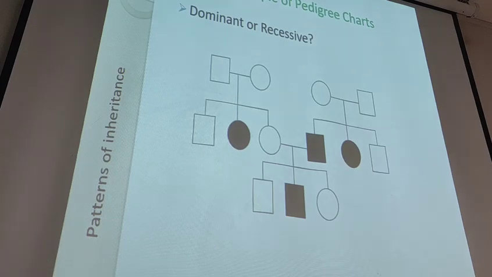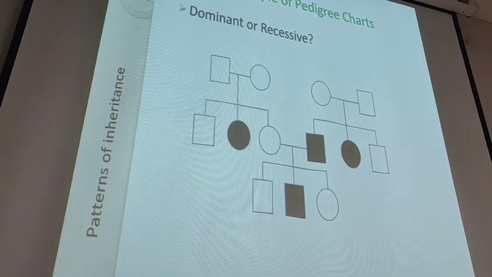The phenotype is the same, but the pattern of inheritance is different. Can we use this term in this family? Why not?